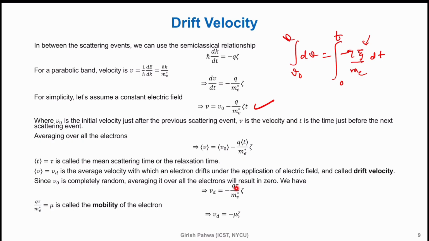Decrease. Frequent scattering means the time between two successive collisions is now reduced, so tau will decrease. What will that do to the mobility? It will reduce it. Heavier effective mass and smaller tau are both detrimental to the mobility.